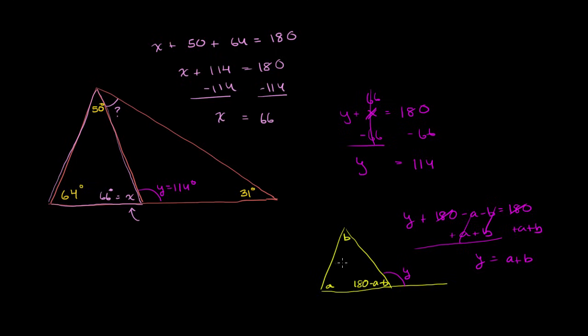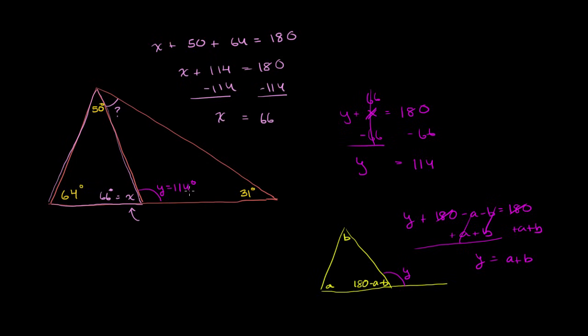That's just a little terminology you'd see there. So y is equal to a plus b. 114 degrees, we've already shown to ourselves, is equal to 64 plus 50 degrees. But regardless of how we do it, if we just reason it out step by step, or if we just knew this property from the get-go, we know that y is equal to 114 degrees, and I like to reason it out every time just to make sure I'm not jumping to conclusions.